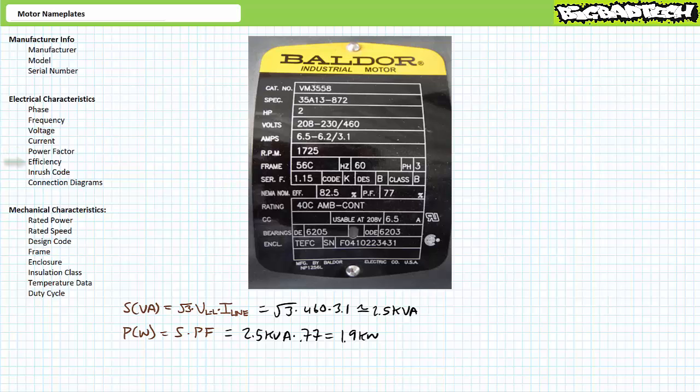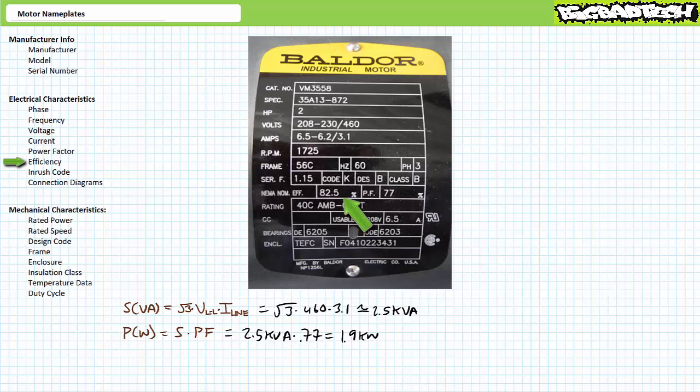While we've got this example in front of us, let's discuss efficiency. The efficiency entry on a motor nameplate specifies that portion of real electrical power input that is successfully converted into usable mechanical power output. Losses might include heat, friction, noise, among others.